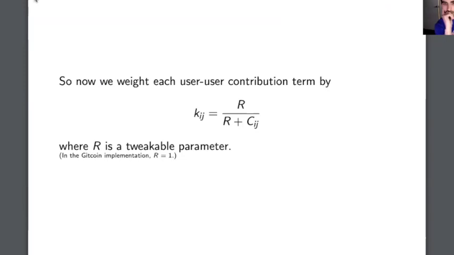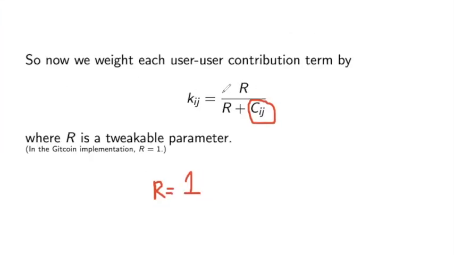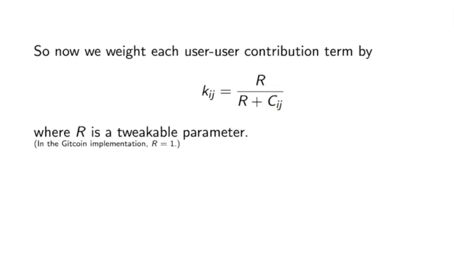Buterin's suggestion is you take a function of this form, where this is the inner product between the user contributions in the matrix, and R is just a constant. GitCoin, at least when I did this research, uses the constant R equals 1. So this is just 1 over 1 plus this inner product of the contribution vectors.